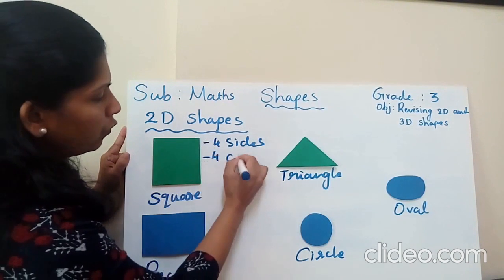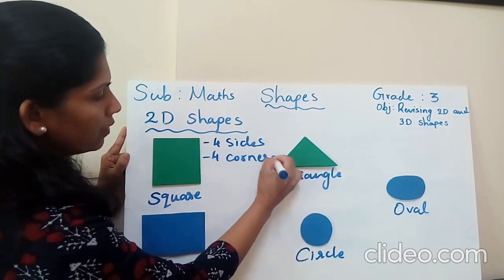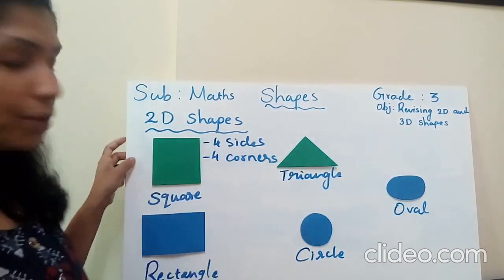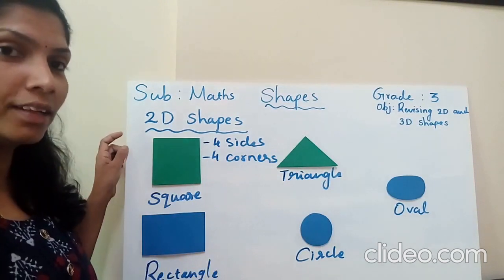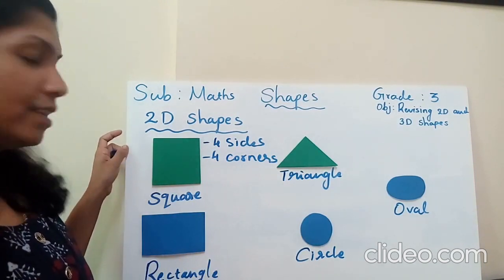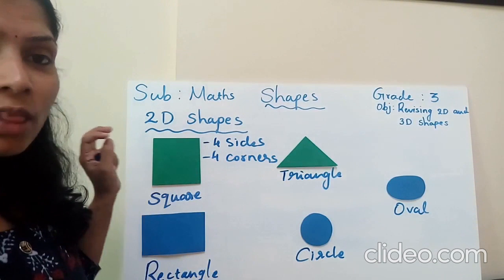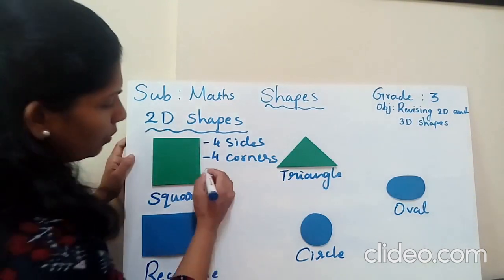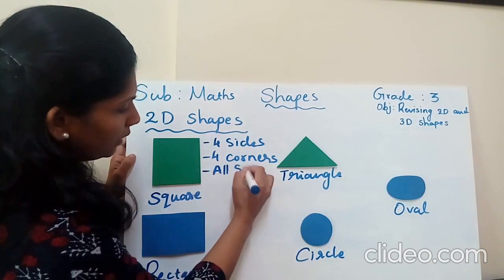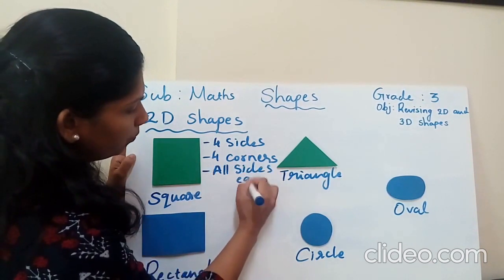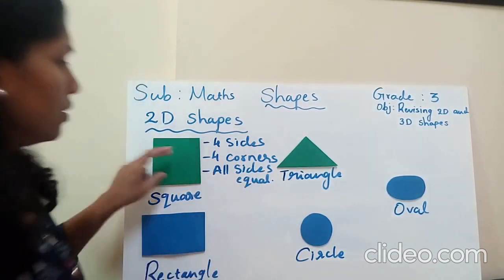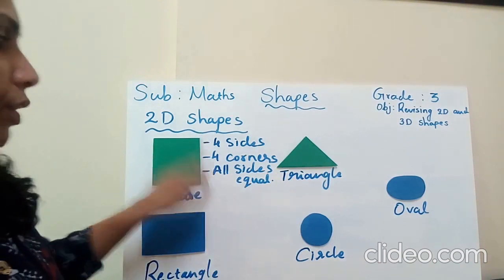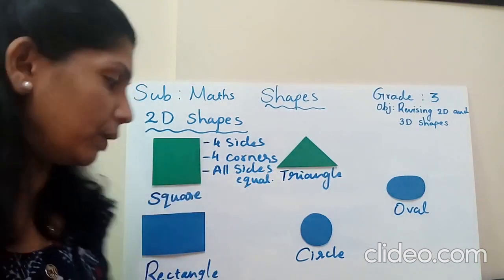There are 4 corners in the square. And one more thing you can see in the square. Yes, you are right. All the sides are equal. So we can write all sides are equal. So in the square, 4 sides, 4 corners and all the sides are equal.